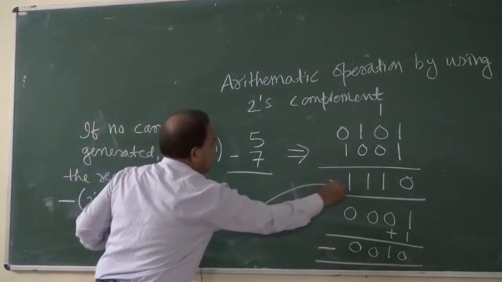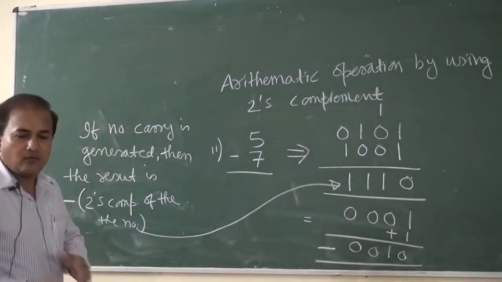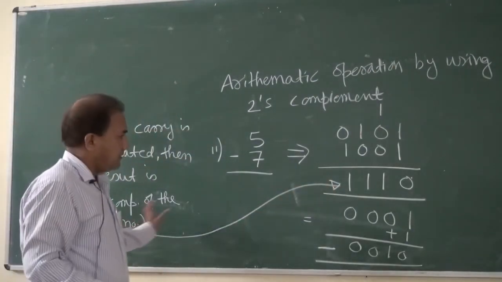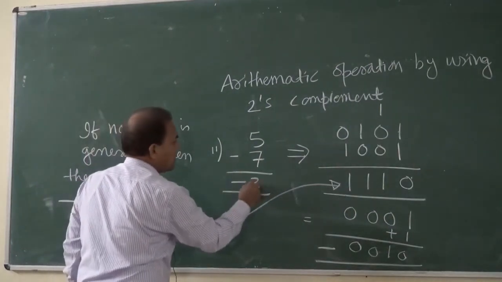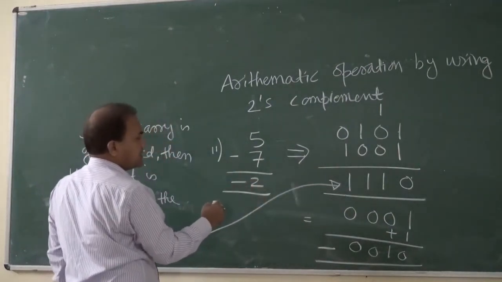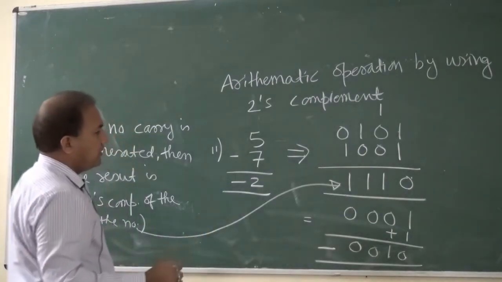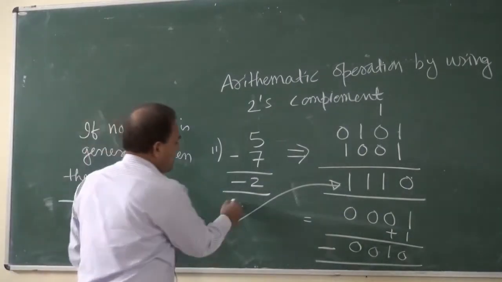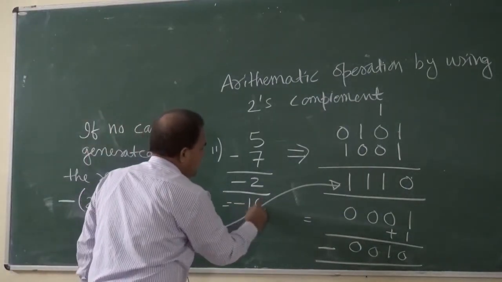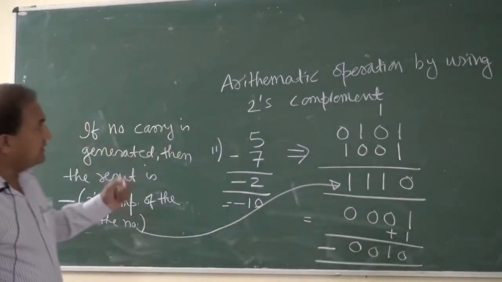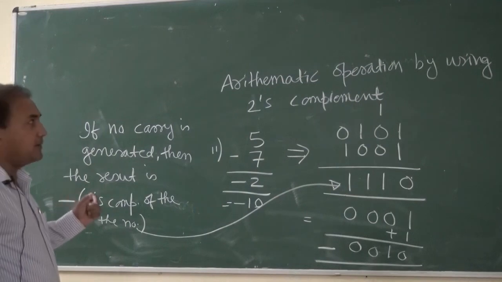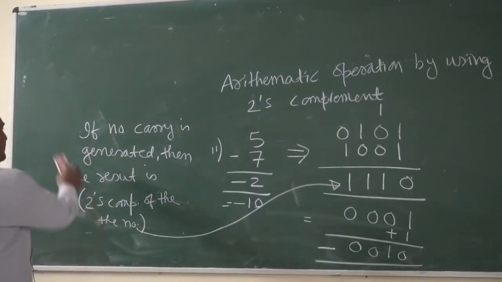Is it clear to all of you? Okay. So in this way you can verify this. This is minus 2. Then in binary it is minus 10. Both are matching. So in this way you can perform arithmetic operations by using 2's complement.